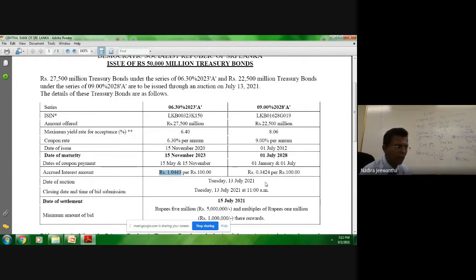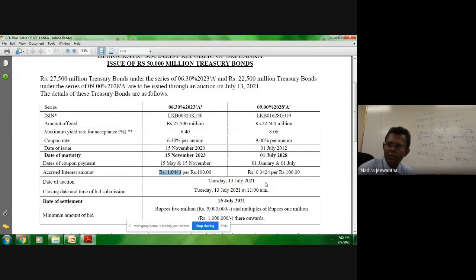Accrued interest part. Now one thing you have to keep in mind, accrued interest is calculated if the particular instrument is previously issued. What does it mean? If you are doing a fresh issue, for example a debenture, your bank decides to issue a fresh debenture, the unit price is 100, not previously issued, now only you are going to issue, then you don't have accrued interest.